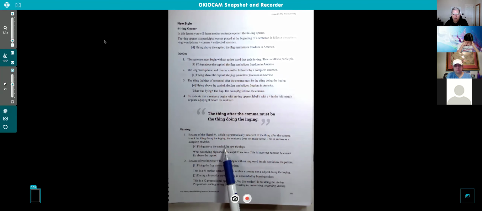That does not work because the thing after the comma is "he." Well, he is not doing the flying, it's the flag that's doing the flying. But in this story, you could actually use "I." Like, flying above the school, I saw the children. That would work because in your story, you are the flag.